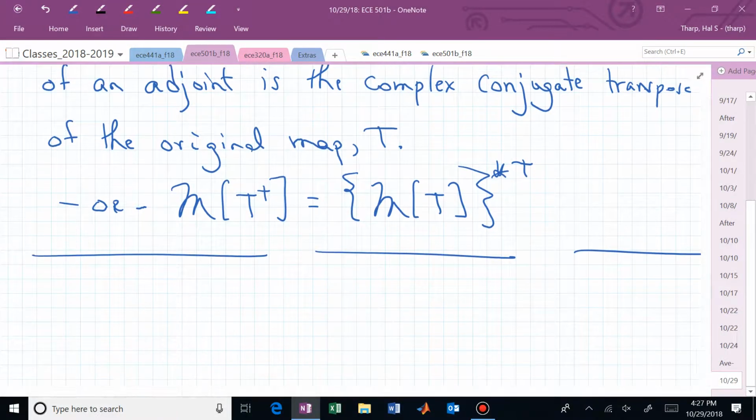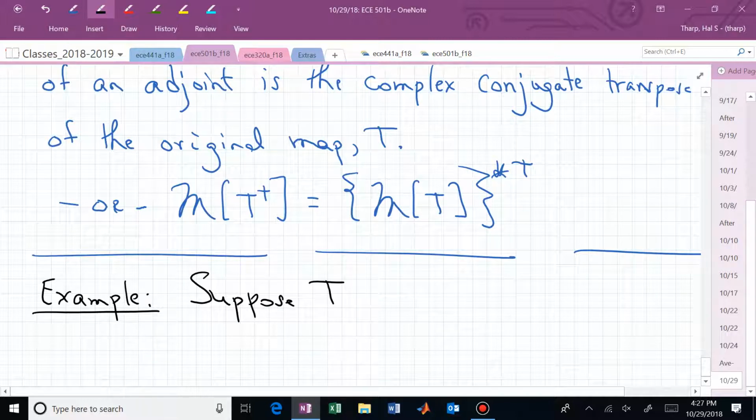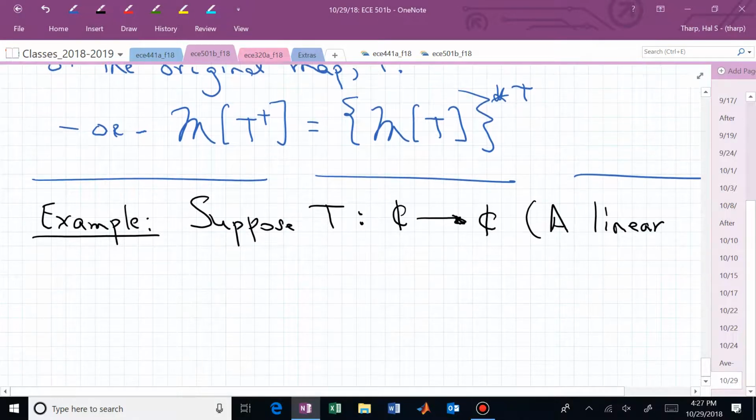So here's our example. Suppose that we have this linear map T that maps from C back into C. So this is really more than just a linear map.